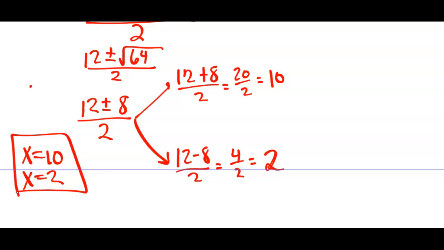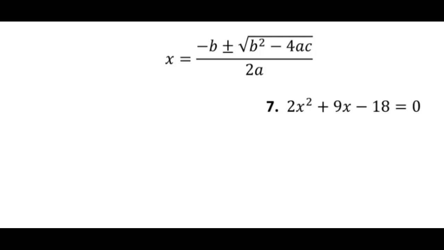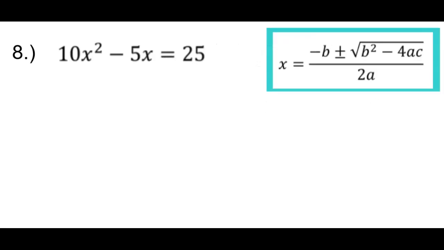I'm going to look really quickly at the beginning of number 8, and we're going to finish that one in class. So let's go to that. 7 we'll do in class. 8 we're going to do here. Now, keep in mind, in the original, ax squared plus bx plus c was equal to 0, not equal to 25.